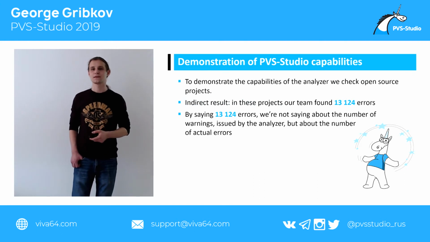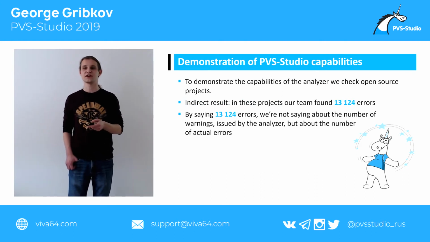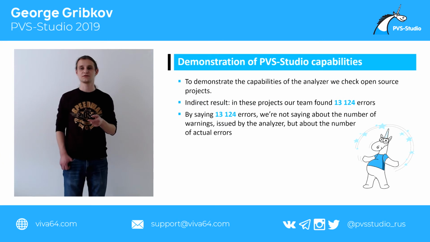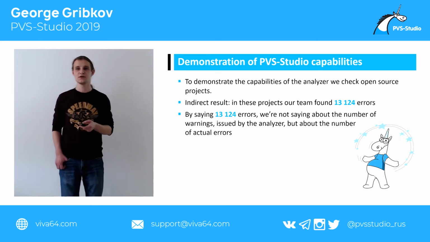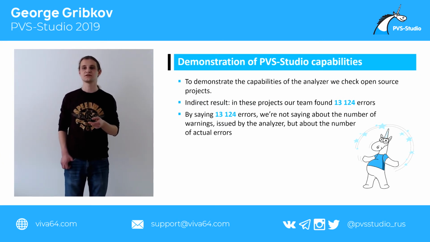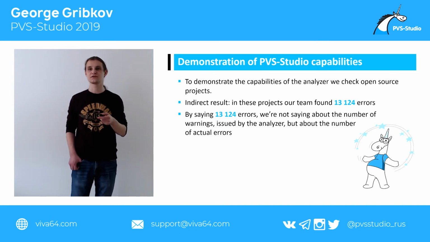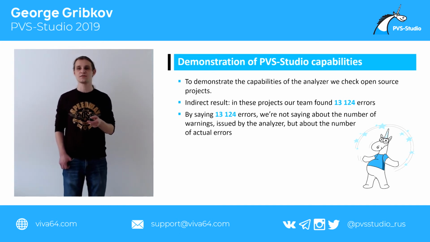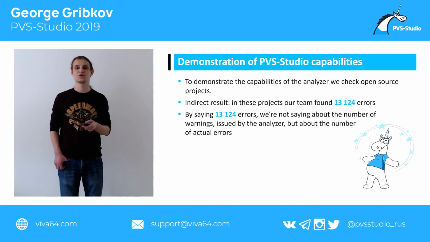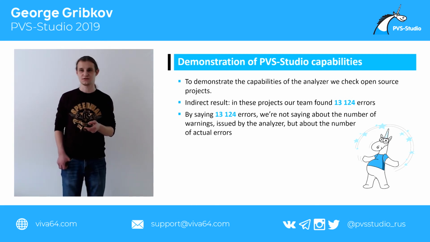By the way, we maintain a database of errors. When we write various articles, we write the errors that we find to this database. And at the moment, this database already contains more than 13,000 errors.